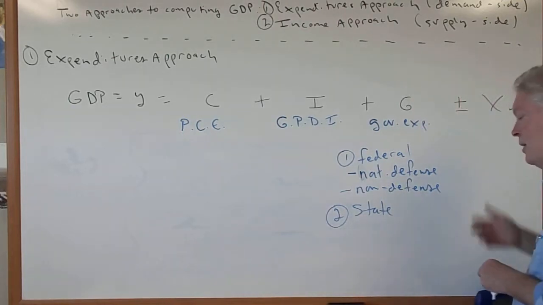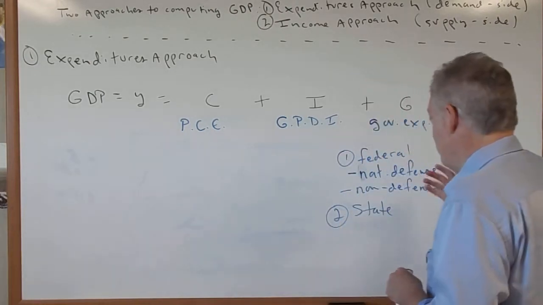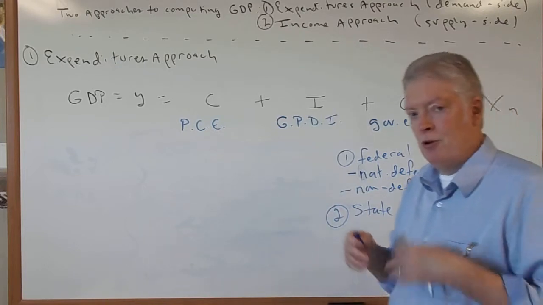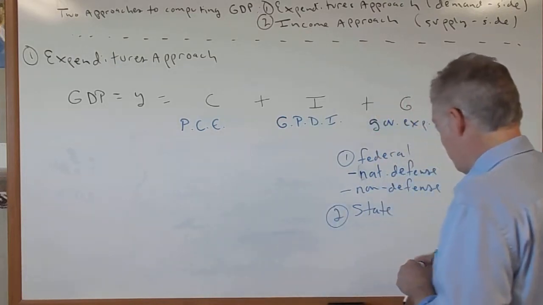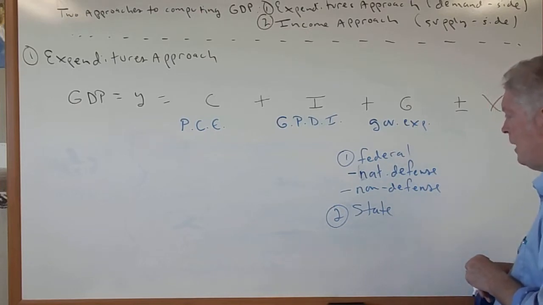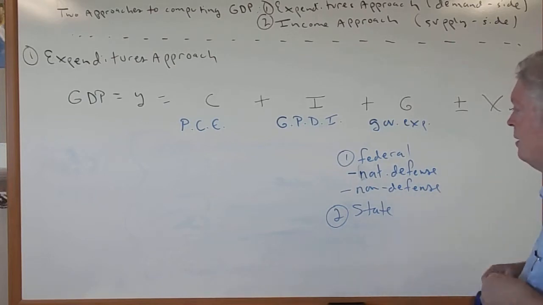Non-defense is everything else, and that's the public administration, it's all the alphabet soup of agencies, it's the judicial system at the federal level, it's law enforcement, border patrol, all those kinds of things which go into federal spending. Okay?